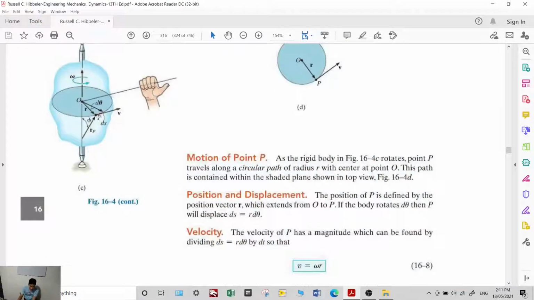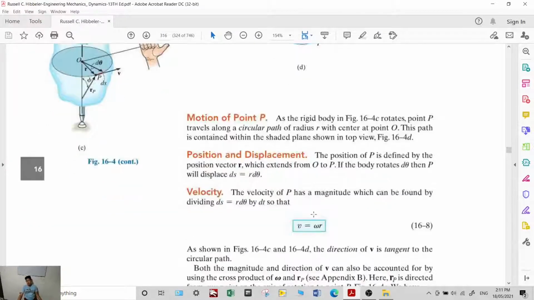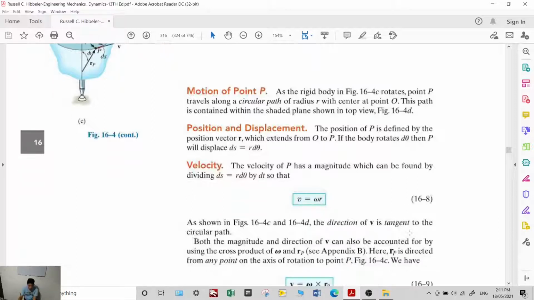Okay, what is the velocity of point P when it travels with omega? So v is equal to omega r. Okay, v is equal to omega r. You differentiate it with respect to time, or divide it by time. If you divide this by time, you'll get the velocity is just equal to omega r.